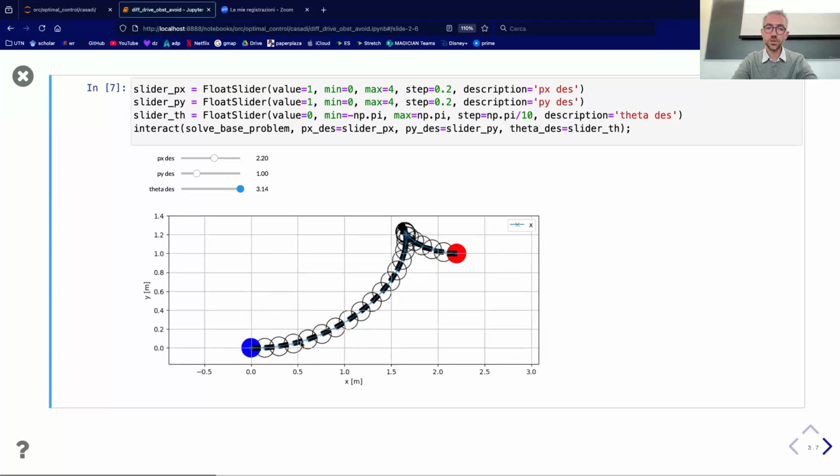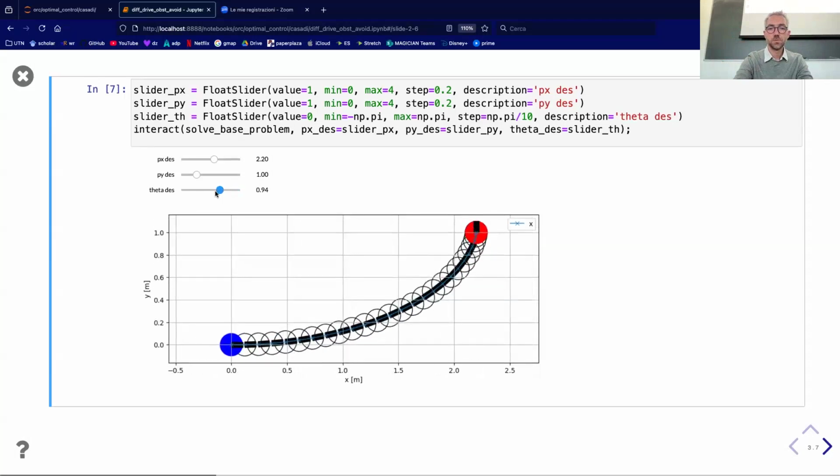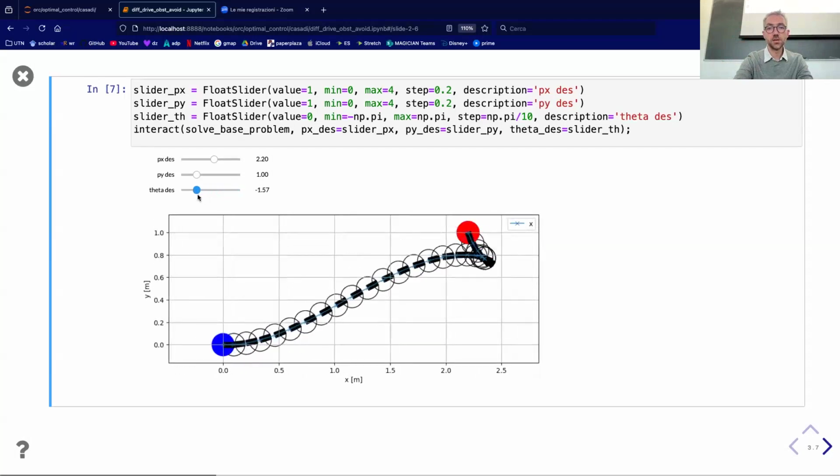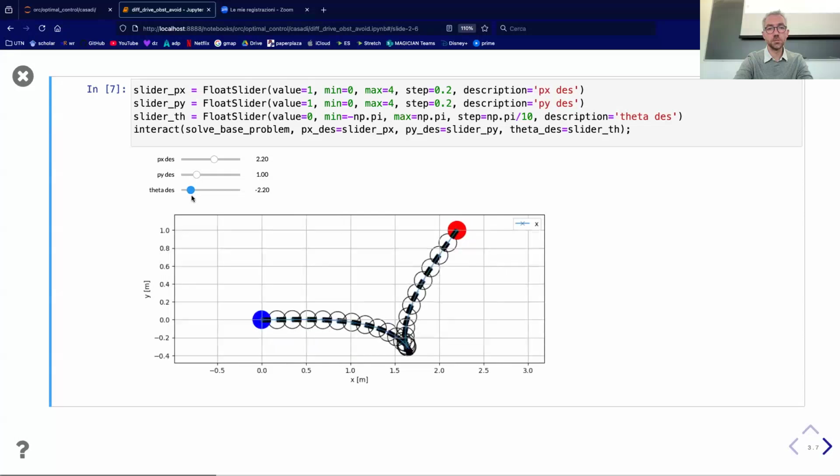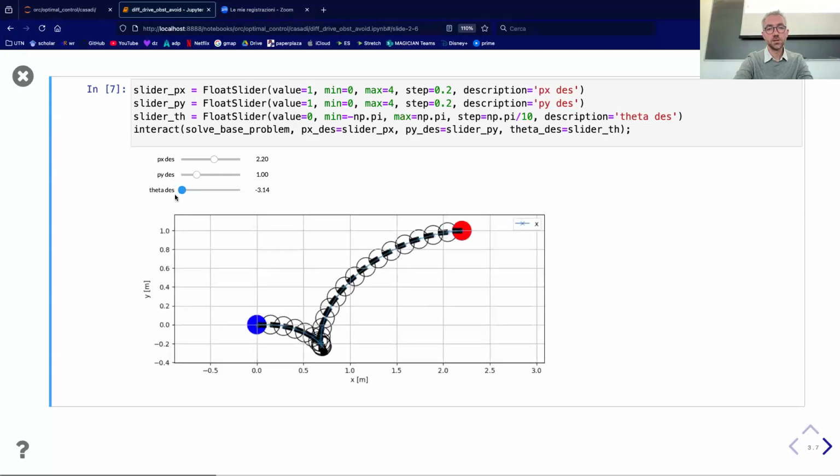So here the robot is moving forward until this state here, and then the final part is moving backward. If I change the orientation in the other direction, I can see a similar behavior. We have a first part moving forward and then a second part of the trajectory moving backward.